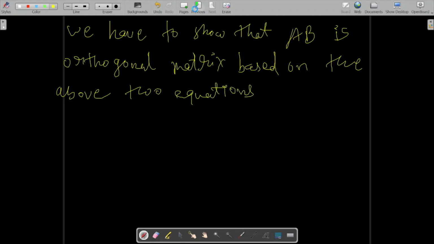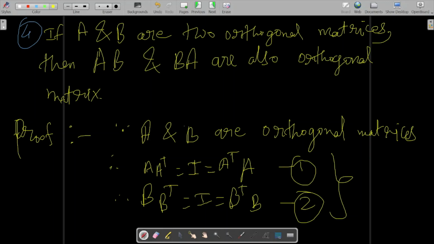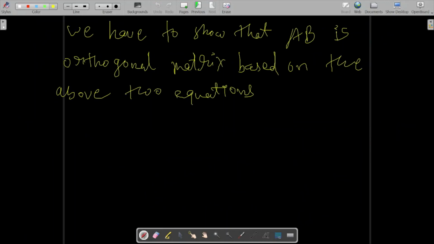Which two equations? These two equations. Based on these two equations we have to show that AB is orthogonal.